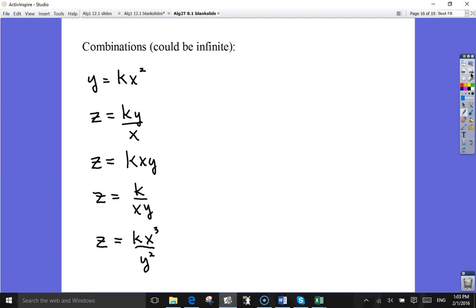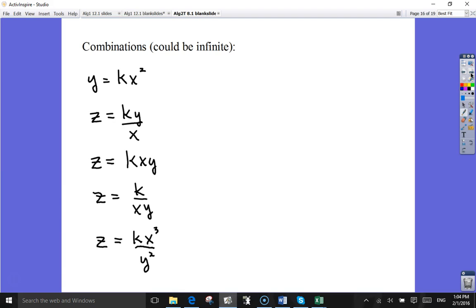But like the first one, y varies directly as x squared. The second one, z varies directly with y and inversely with x, right? It's inverse because it's in the denominator, right? What is the next one? That's just a joint variation, okay? But what about the next one? Would that be joint also, when you put the x, y in the denominator?